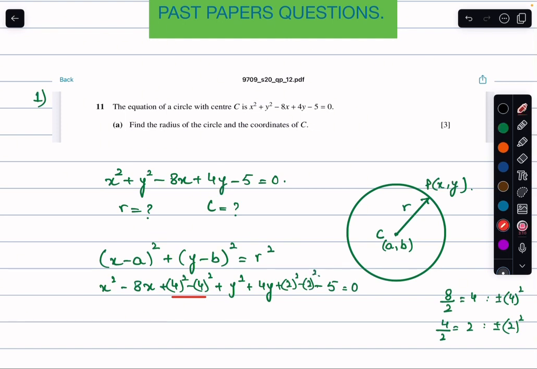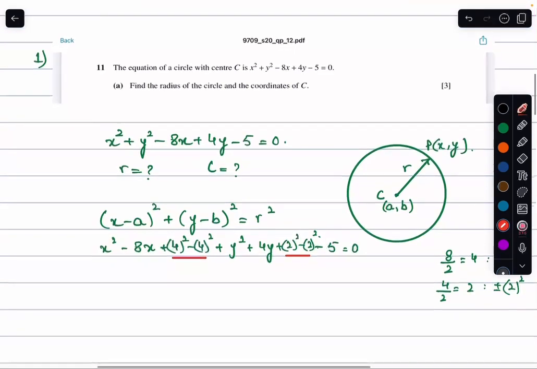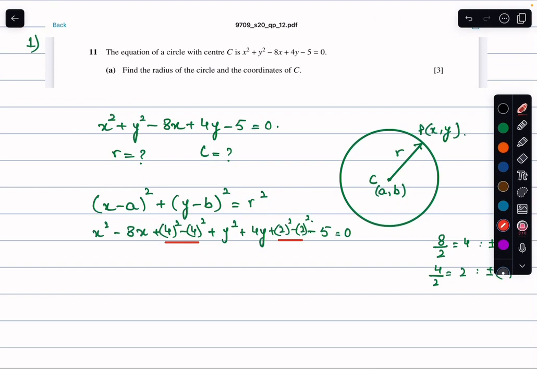Again, this is the additional work that I have done to bring it to the form of y minus b the whole squared. So from here, if I take the first 3 terms, I can say this is x minus 4 the whole squared plus y plus 2 the whole squared. It is y plus 2 because the coefficient of y has the positive sign, and x minus 4 because the coefficient of x has the negative sign.